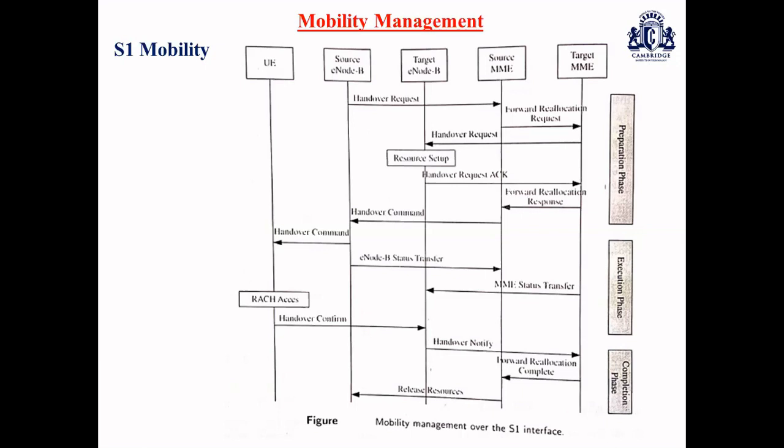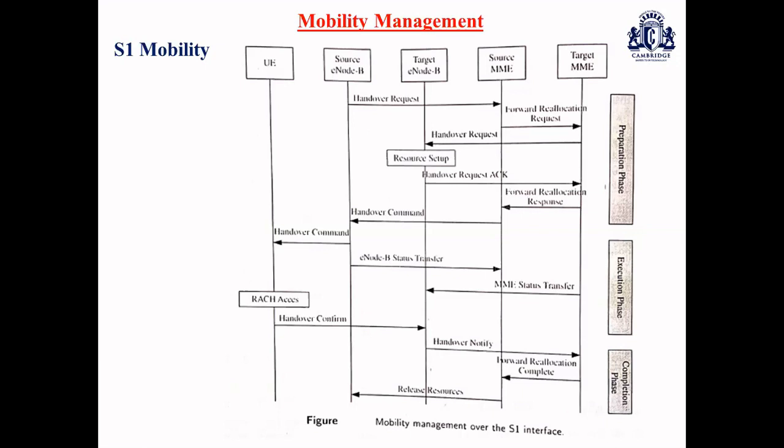While the UE performs the handover, the source eNode B initiates the status transfer, where the PDCP context of your UE, nothing but the packet data convergence protocol context of your user entity, is transferred to the target eNode B. The source eNode B also forwards the data stored in the PDCP buffer to the target eNode B. This happens during the execution phase.